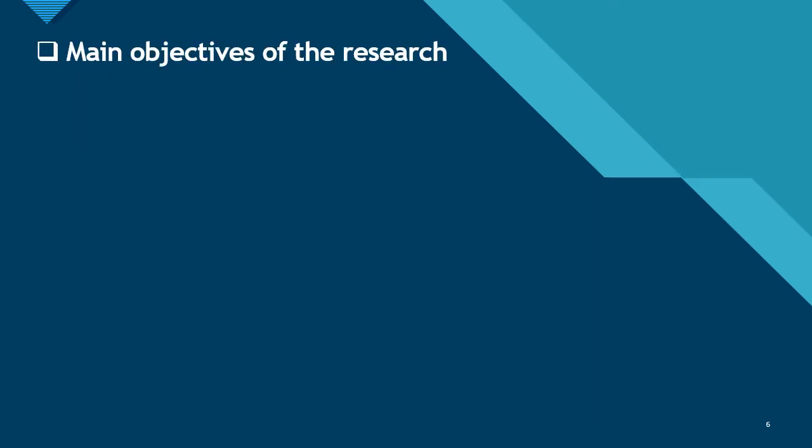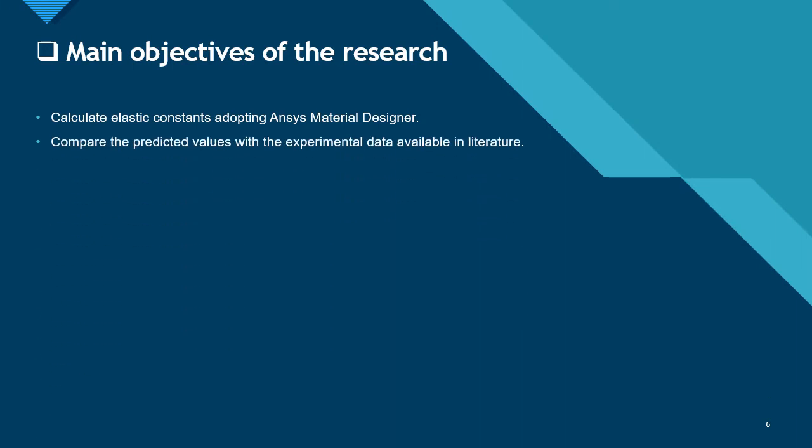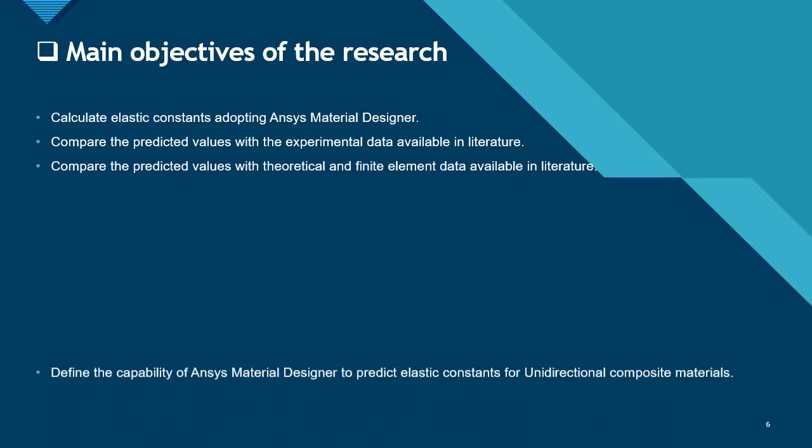So, the main objective of the research. We will adapt ANSYS to calculate those elastic constants. Next, we will compare the predicted values with the experimental data available in literature. Then we will compare the predicted values with theoretical and finite element data available in literature.